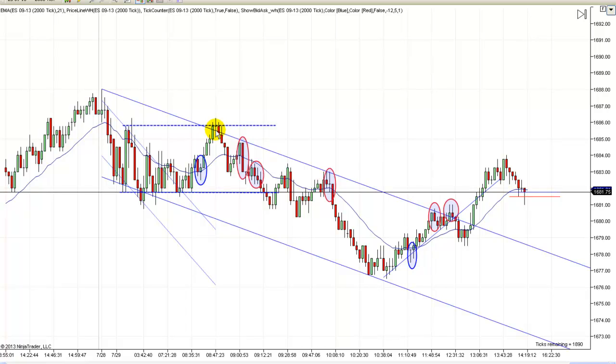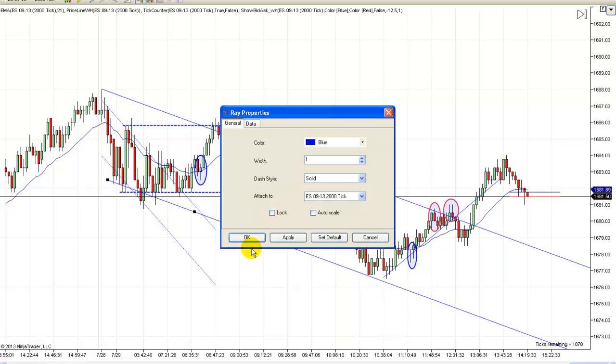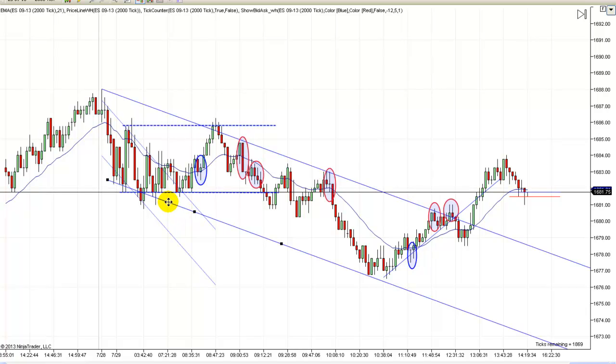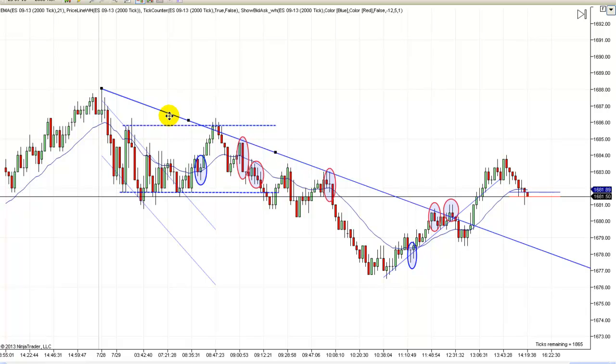I was really tempted to sell this, but I wasn't sure if this line was going to be any good or not. Turns out that it was. Really, the way I originally drew this, you notice how I drew it off these first couple of swings at the low here, but I wasn't sure if that's right, especially when it didn't hold to the tick right there, because usually it'll hold to the tick.